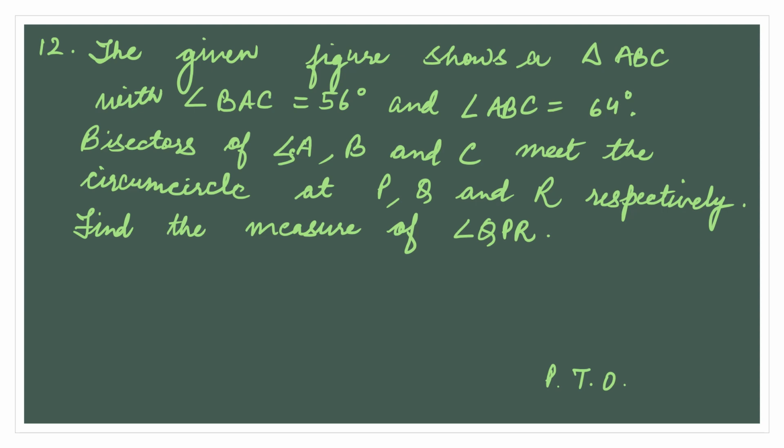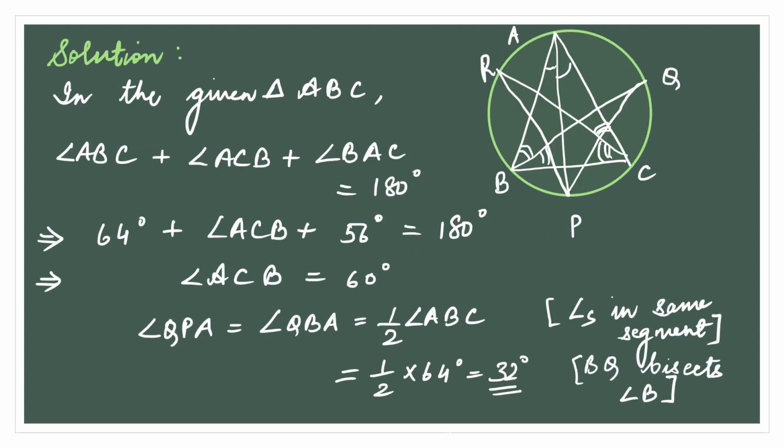Let's see how. In the given triangle ABC, angle ABC plus angle ACB plus angle BAC is equal to 180 degrees. Now coming to the part that these angles have been bisected by these lines.